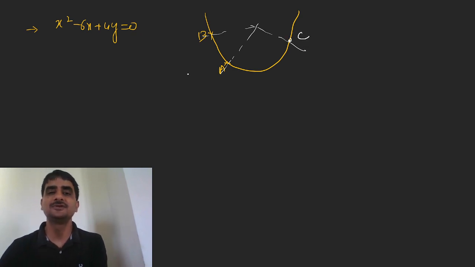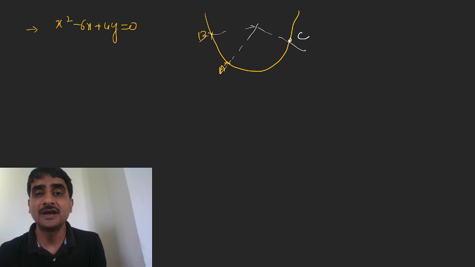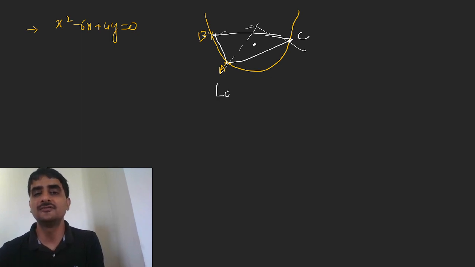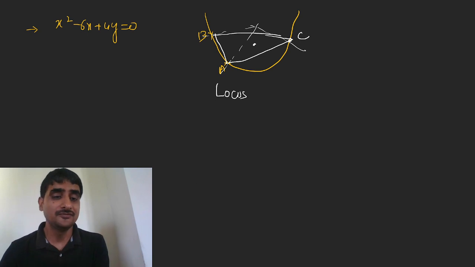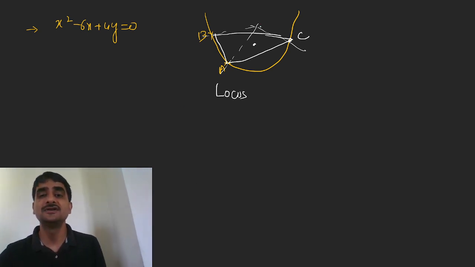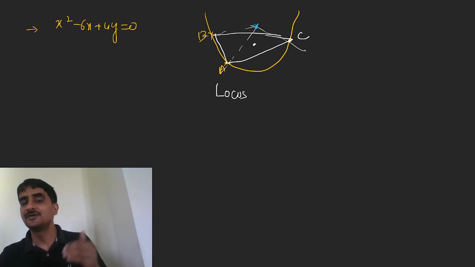So I'm assuming this to be C. And then the triangle formed by these 3 points A, B and C and its centroid. So the locus of the centroid. If you have A, B, C as 3 points such that normals drawn at these 3 points are concurrent, this is the point of concurrency of the normals. What does that mean? Look at it from the other side.